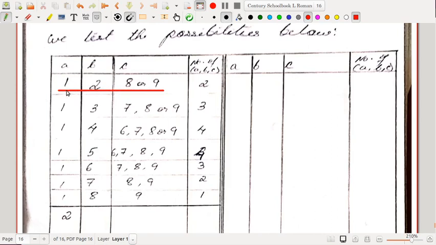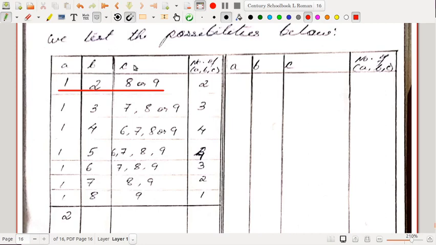A is 1. If A is 1, B has to be greater than A, so B can be 2. If B is 2, then 2 plus 1 is 3, but the sum A plus B plus C has to be greater than 10, so C cannot be 7. C has to be 8 or 9. If C is 6 also, the sum A plus B plus C is 9, which is less than 10. So we need to take care of that inequality.